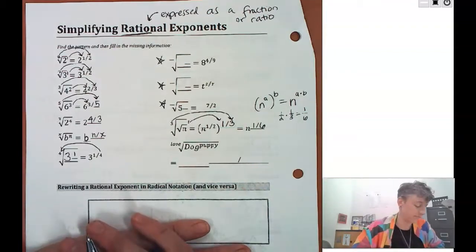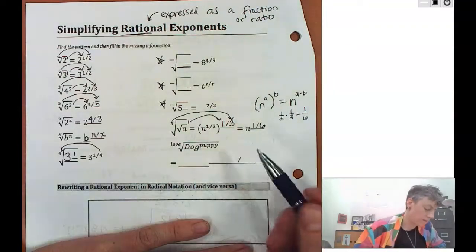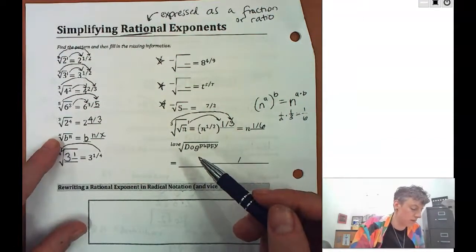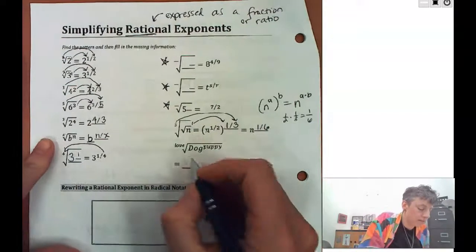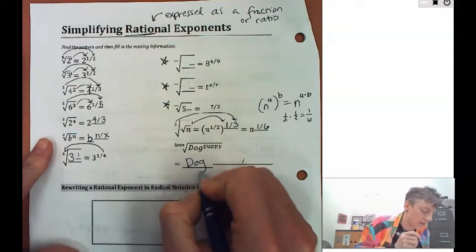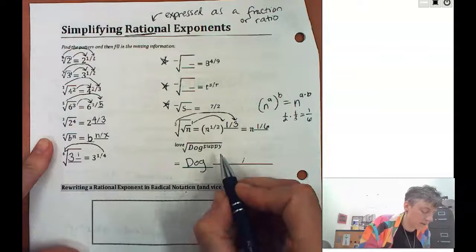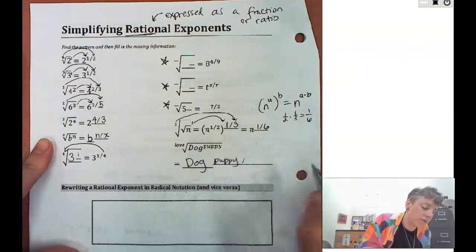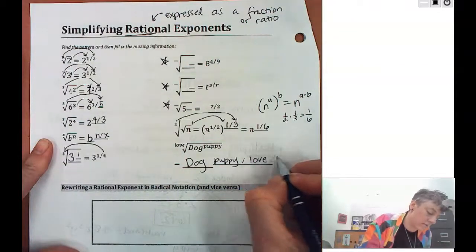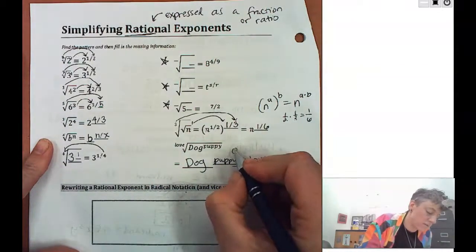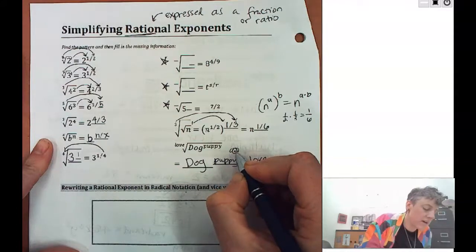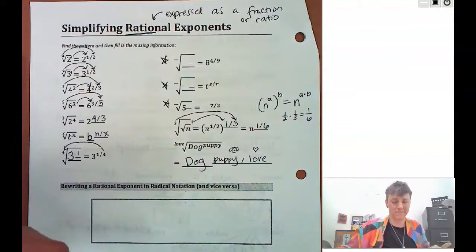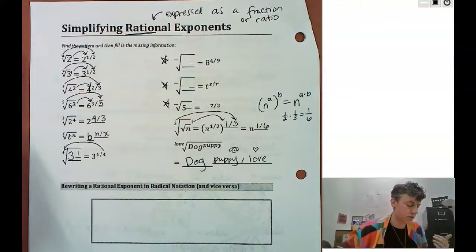Using our examples over here, we know that dog's going to be our base, and puppy is going to be our numerator, and love's going to be our denominator. Oh, so cute. We got a puppy love.